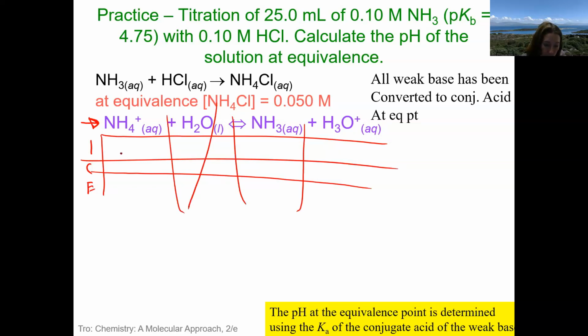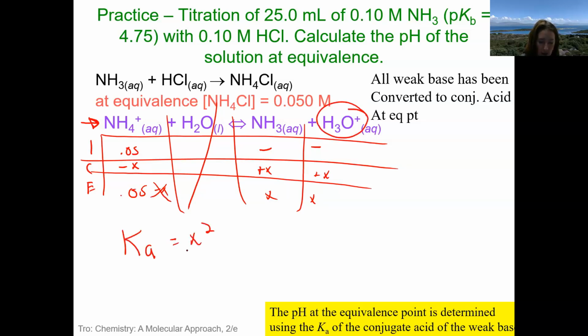We have 0.05, this, none of this, none of this. This is going to go down, this is going to go up, this is going to go up, by x. 0.05 minus x, I'm going to ignore that. So this is an acid, so I need Ka equals x squared over 0.05. Oh, they gave me pKb. So I need to change this pKb into a Ka because it's an acid. How did I know it's an acid? Because I wrote the equation. It's an acid.